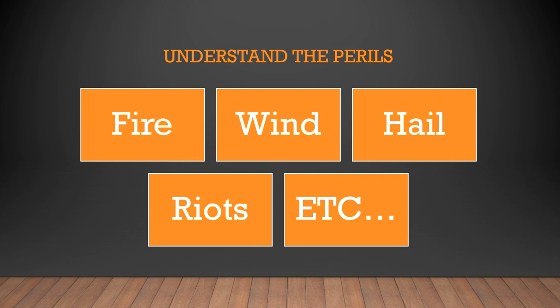But here are just some of the perils that are covered on a home policy. They're just the basic ones. Your fire, damage due to fire, damage due to wind, damage due to hail, damage due to riots, and there's so much more. So these are the things that you want to make sure to understand when you're studying a home policy, what's covered.